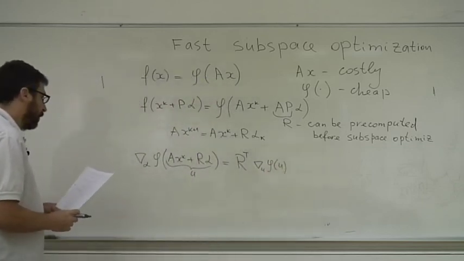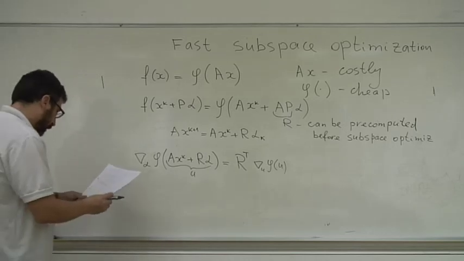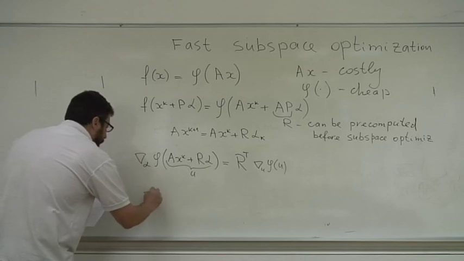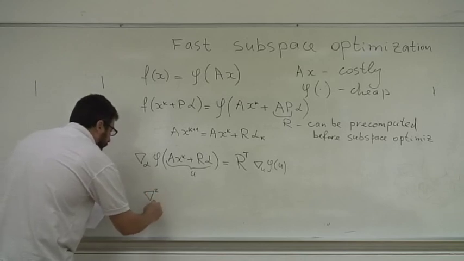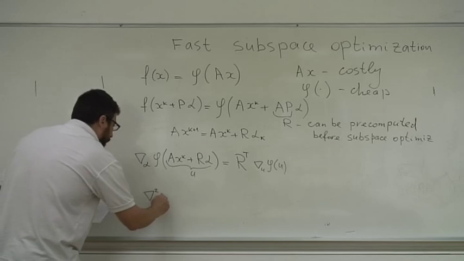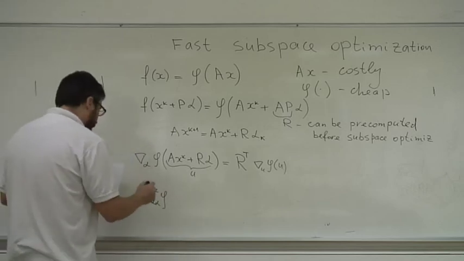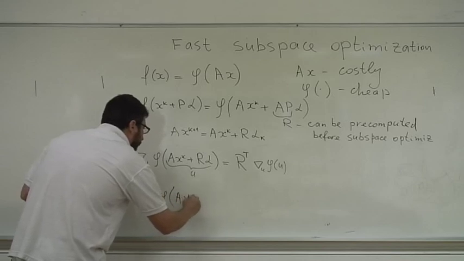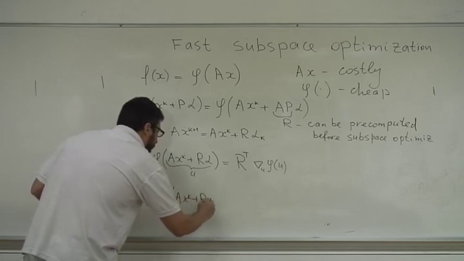And similarly, I can even compute the Hessian with respect to alpha, alpha of phi. Again, I will write (A x k plus R alpha).